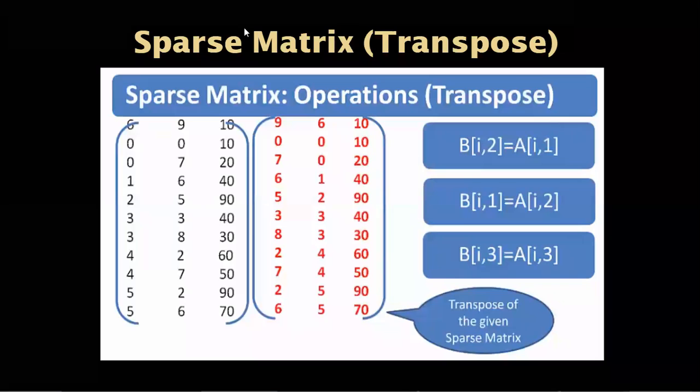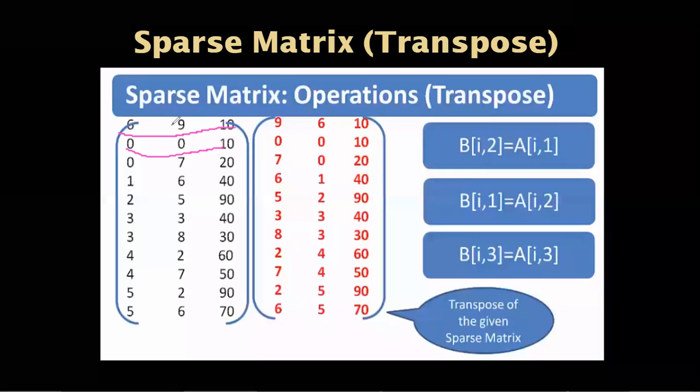We have seen this is a representation of a sparse matrix, right? So how is the sparse matrix represented? We know that this is the total number of rows, columns, and non-zero values. All non-zero values are stored in particular locations like this. Okay, this is our original sparse matrix. We have to do the transpose here.